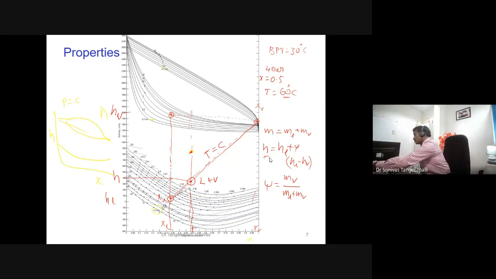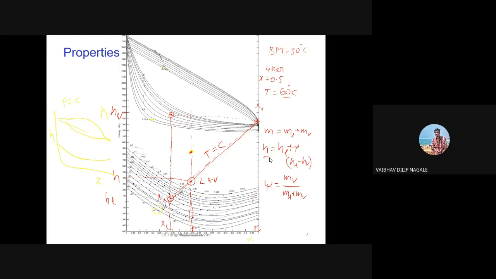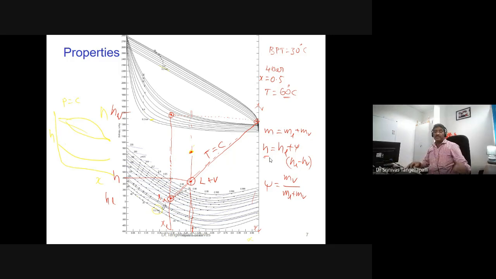Hello? So we have to convert H in the form of, no, replace phi by m. H is equal to HL plus phi into HV minus HL, okay?